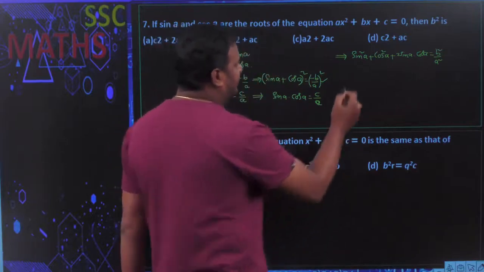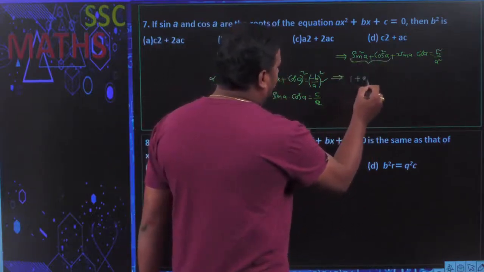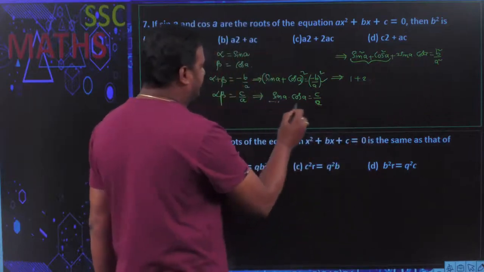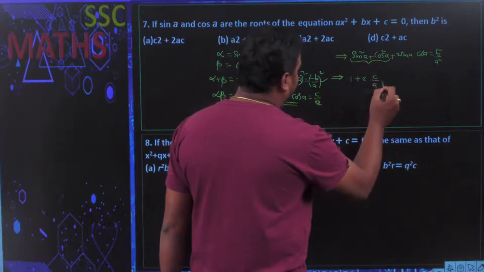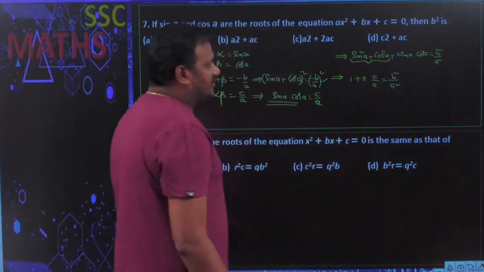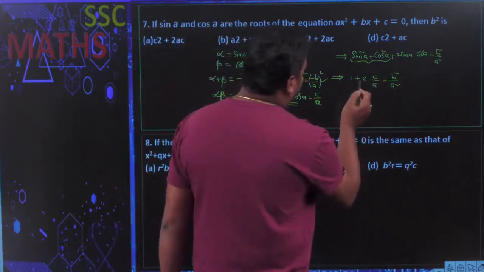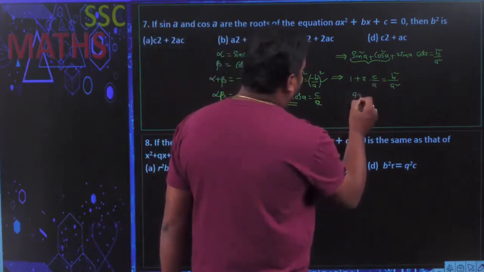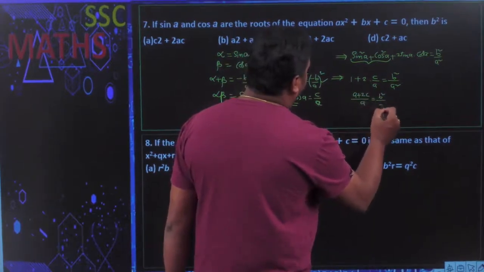But what is the value of sin square A plus cos square A? It is 1, plus 2 into sin A cos A, and sin A into cos A is c by a. So 1 plus 2 into c by a is equal to b square by a square. Correct? So when you simplify, 1 plus 2c by a is a plus 2c by a, equal to b square by a square.